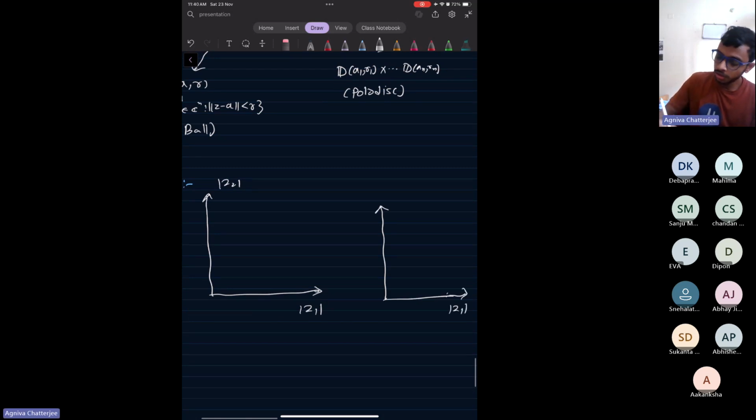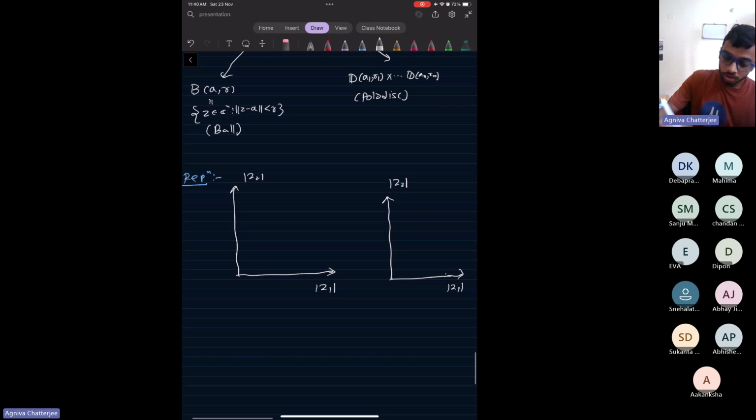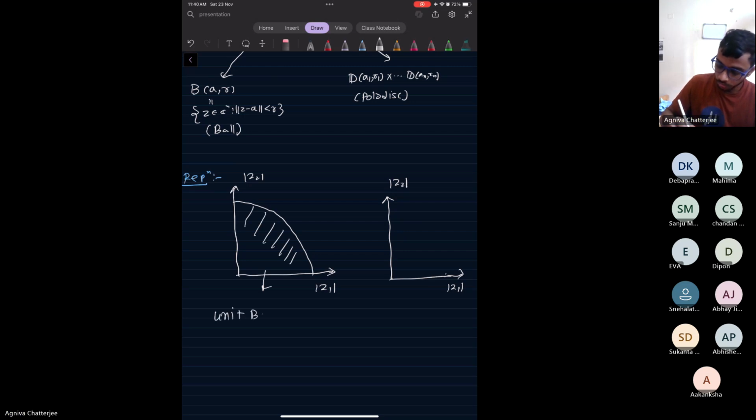You can't always, in fact, represent them in |z1|, |z2| axes, but in this case you can. This domain is the unit ball. So this is just |z1|² + |z2|² < 1.